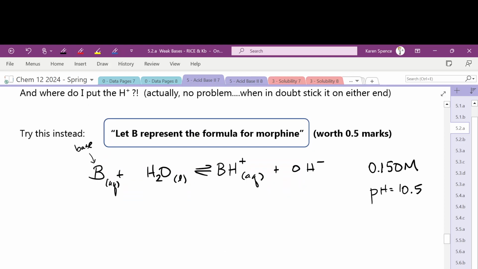What do I still need to use? Yeah, it's a weak base, so I'm going to use RICE. And I'm also going to use KB.